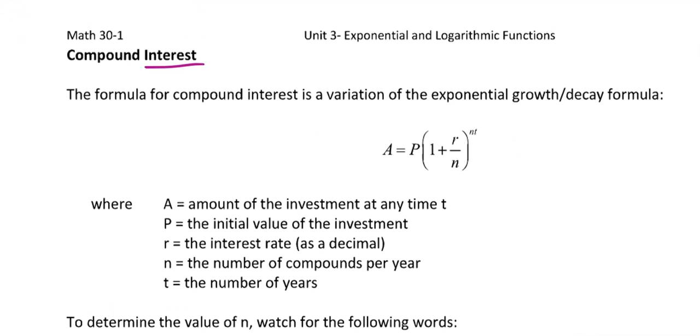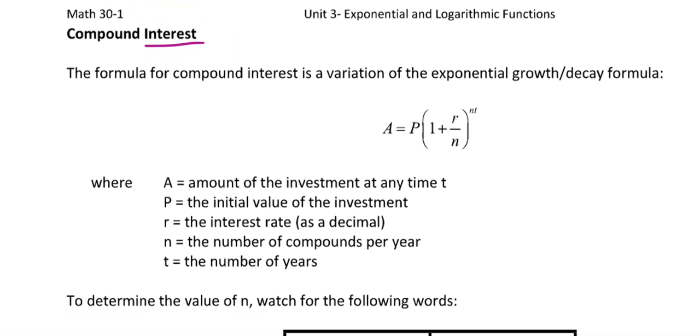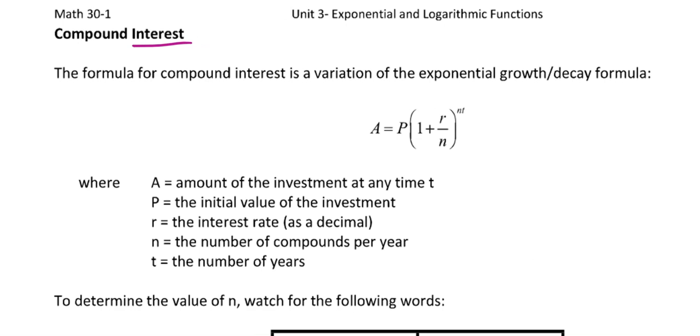Compound interest is actually a really common way that banks figure out interest. Let's say if you take out a Visa or a loan, these things are done through something called compound interest. In short, it's figuring out interest of the interest over whatever compounding period you decide.